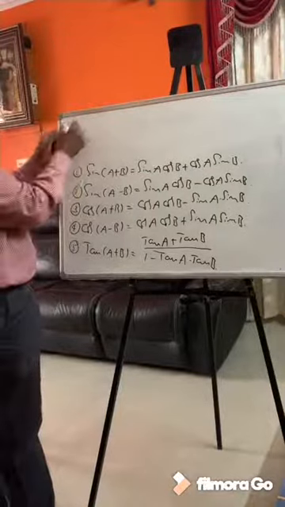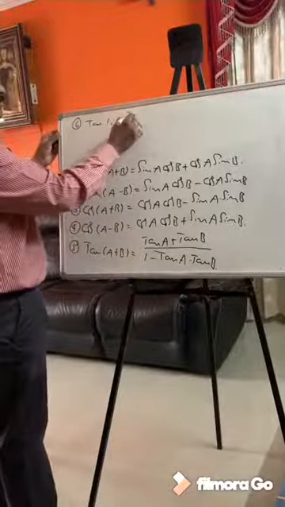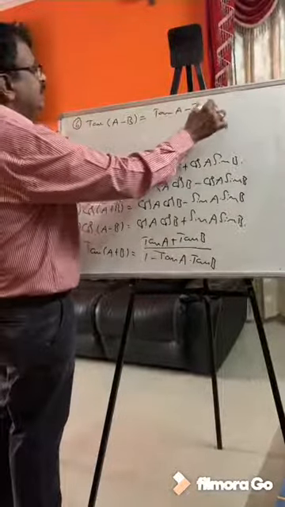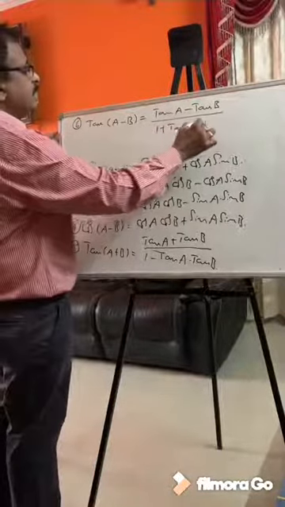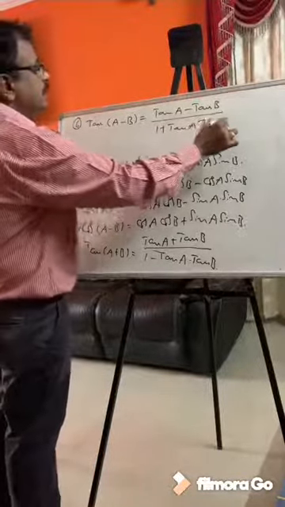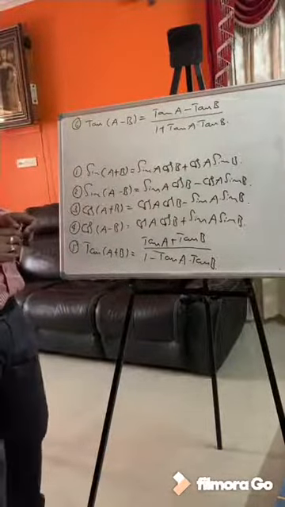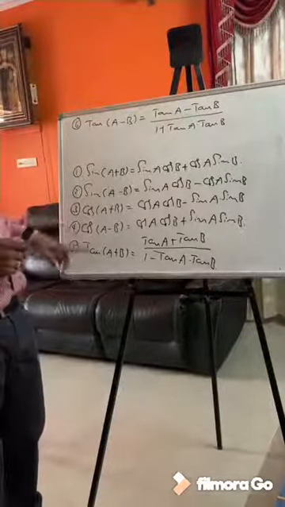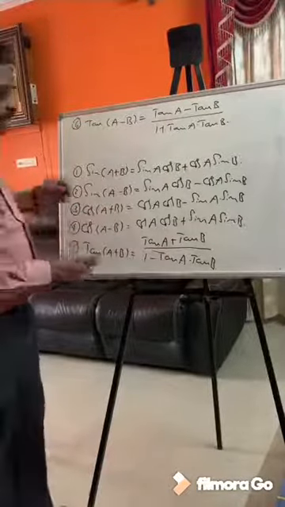Tan of A minus B, what is it? Tan A minus tan B by 1 plus tan A tan B. Please remember, tan of A minus B is tan A minus tan B divided by 1 plus tan A tan B. Observe the difference: here plus, in the denominator minus.